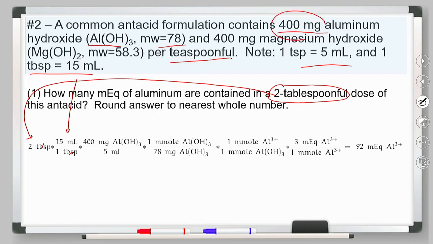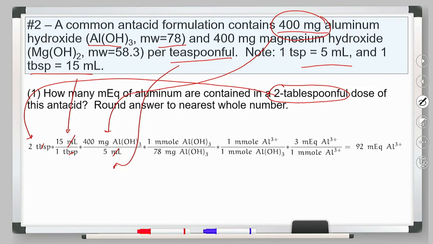Next, I'm going to take my concentration of aluminum hydroxide at 400 milligrams of aluminum hydroxide per 5 mLs. This is where the teaspoonful comes in down here, okay? 400 milligrams per 5 mLs. So when I multiply my 30 mLs times that, divide by 5 and multiply by 400, I will be in milligrams of aluminum hydroxide. Is everyone okay so far?